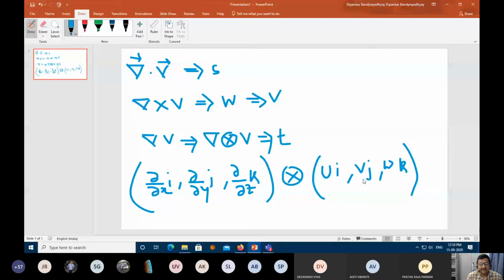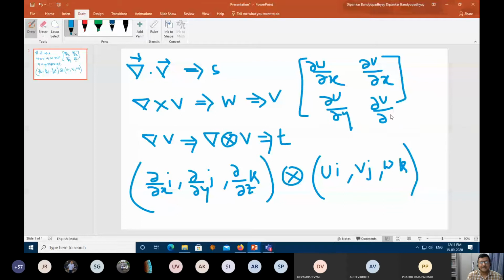But when you take a dyadic product, you end up getting 9 components. Suppose I compose the matrix in 2 dimensions, just taking 2 by 2. I will get del u by del x, del v by del x, then del u by del y, and then del v by del y.